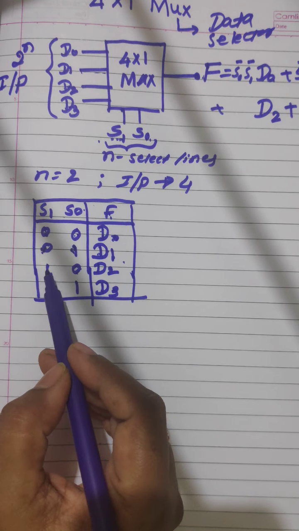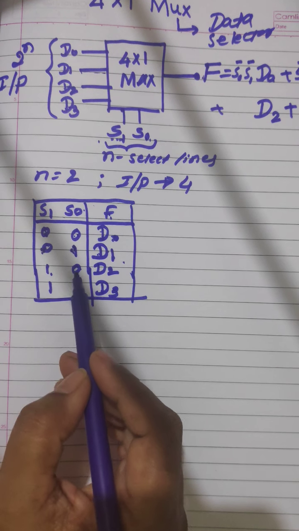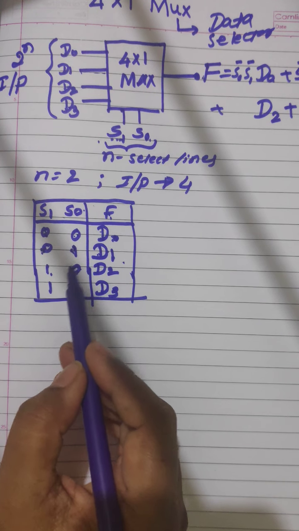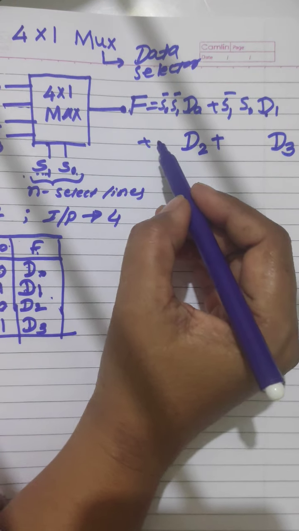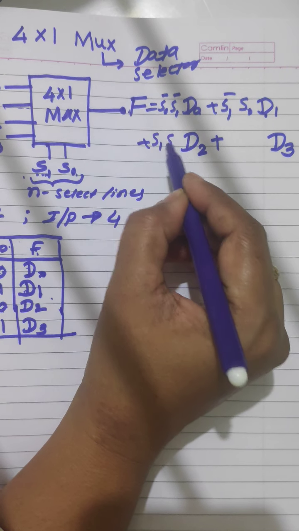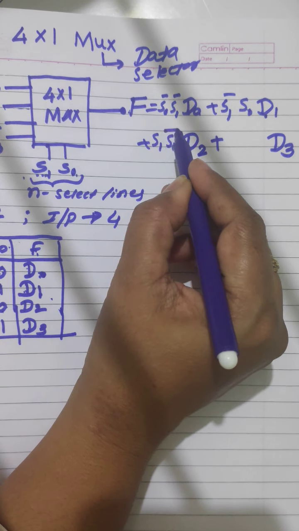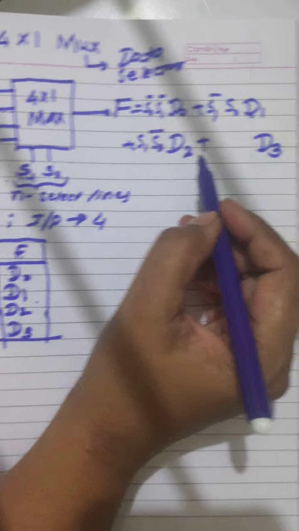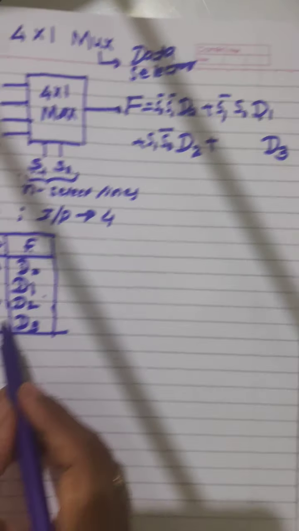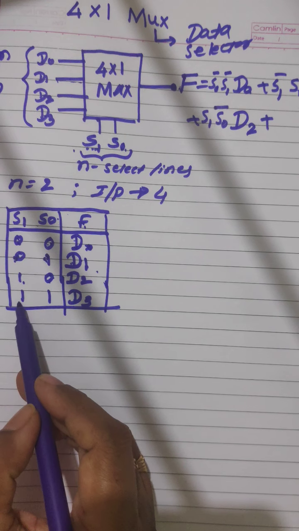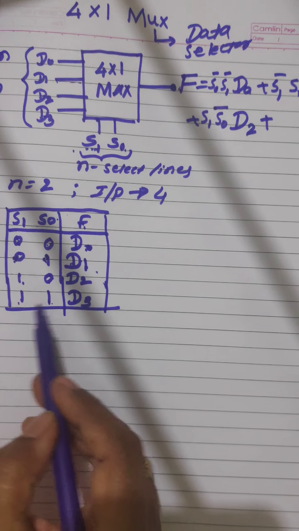D2 will be coming when S1 is 1 and S0 is 0, so S1, S0 bar, we are going to have D2 at the output. When will D3 be appearing? When both S1 and S0 are 1, 1. No bars.